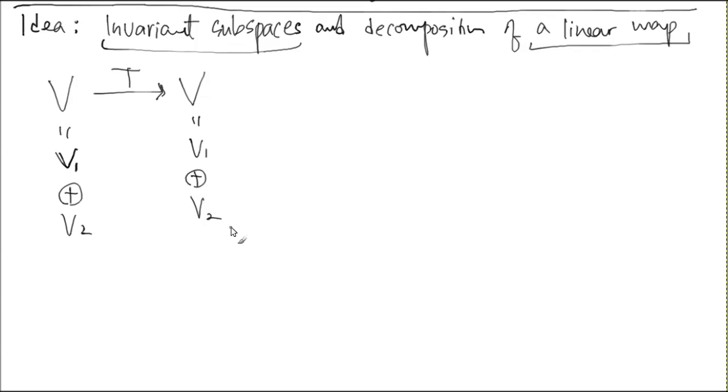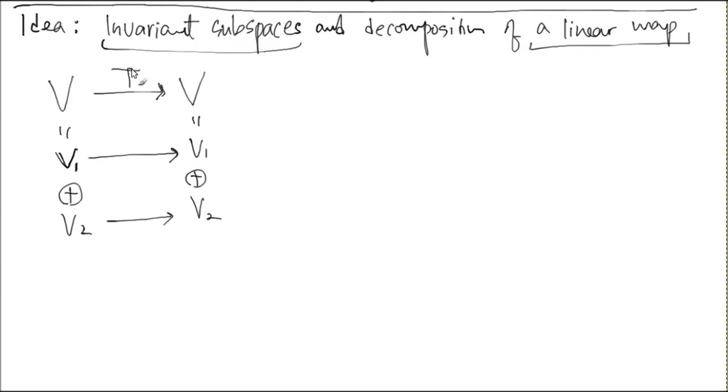But suppose we figure it out very cleverly, the choice of V1, so that if you send all the elements under T, they go back to V1. That's very special, right? If you choose the wrong V1, it's all mixed up, but there's a right V1 such that V1 goes to V1, the subspace. And also this V2 goes to V2.